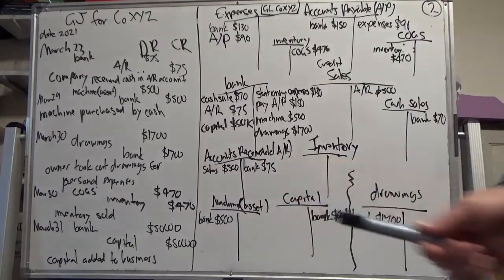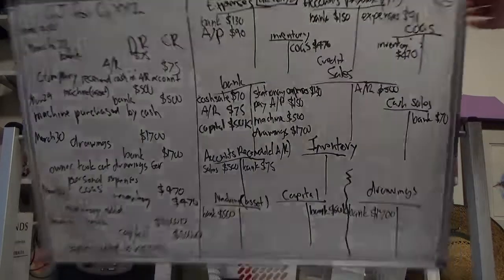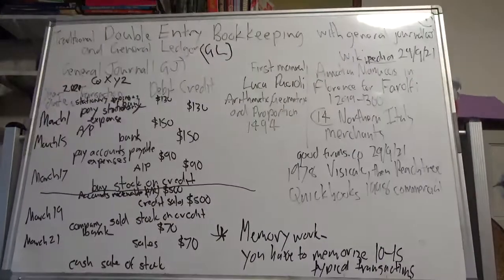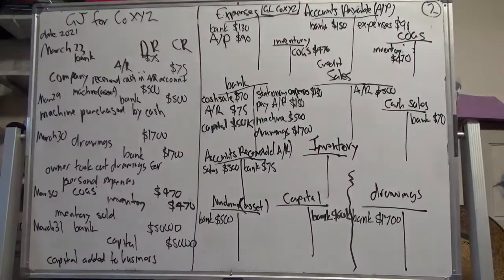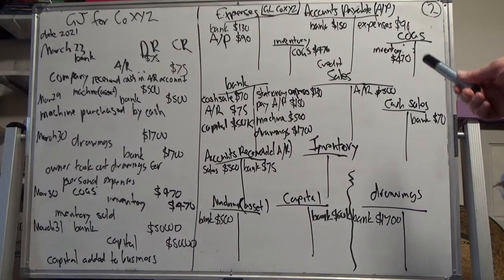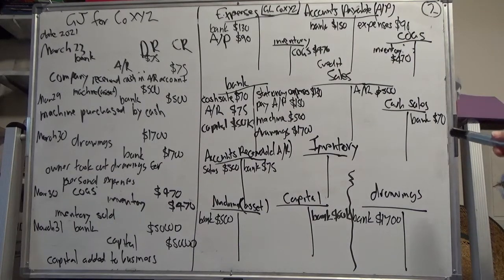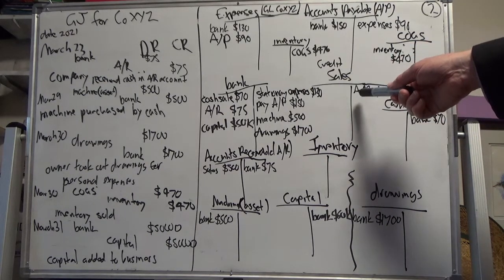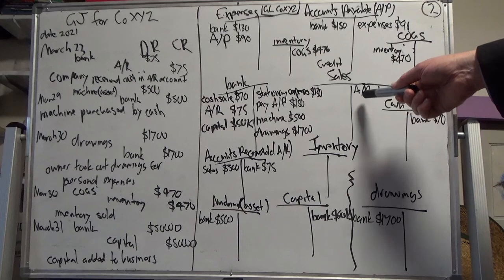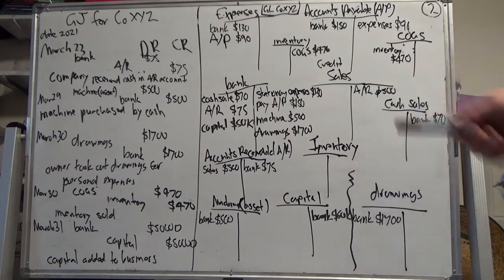Sales is 500, and the other part of the transaction was credit sales 500. So go to credit sales. Where are credit sales? That's cash sales. Oh, here, credit sales. So label it the opposite thing. Accounts receivable $500 to complete that posting.